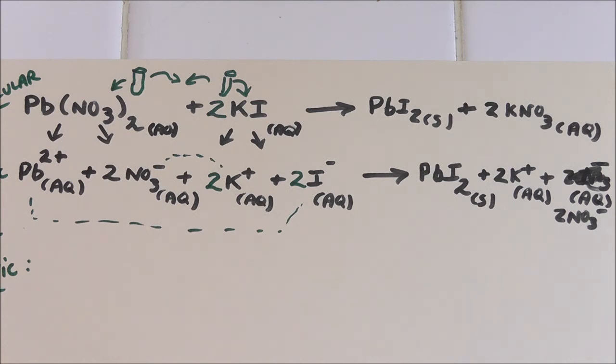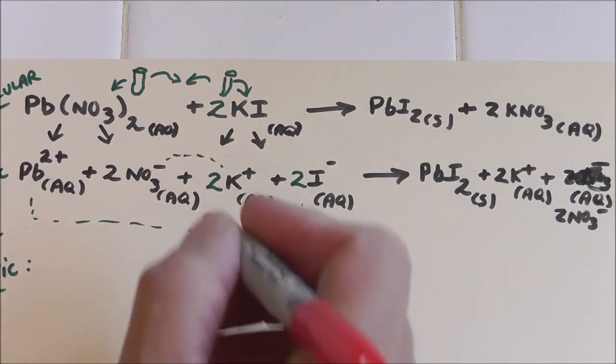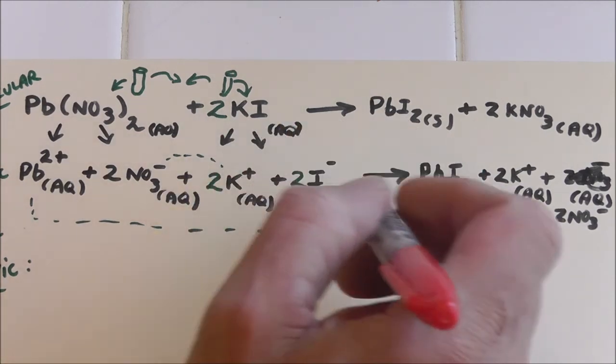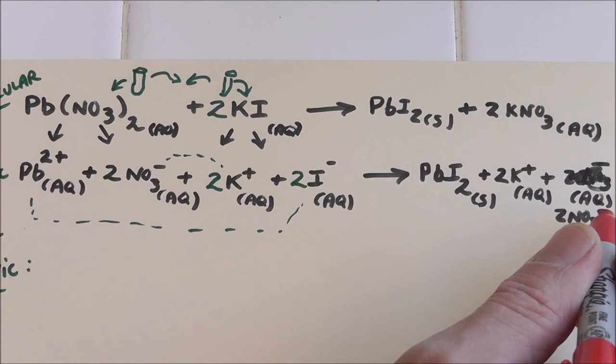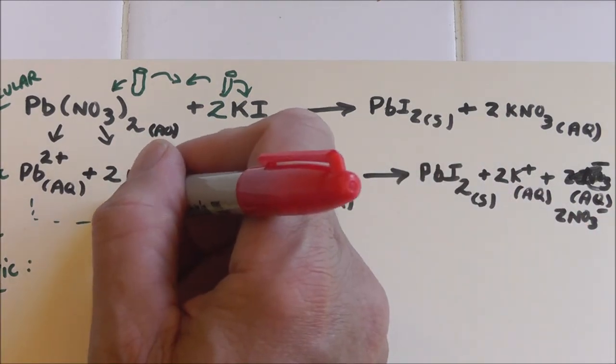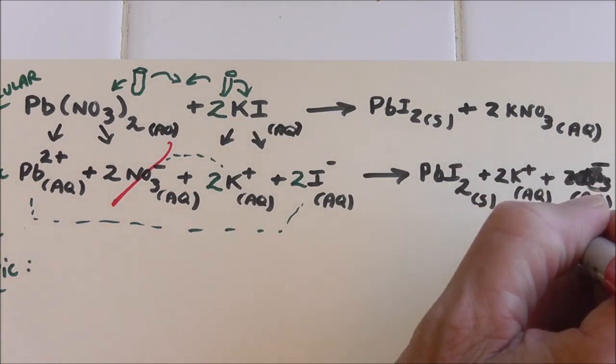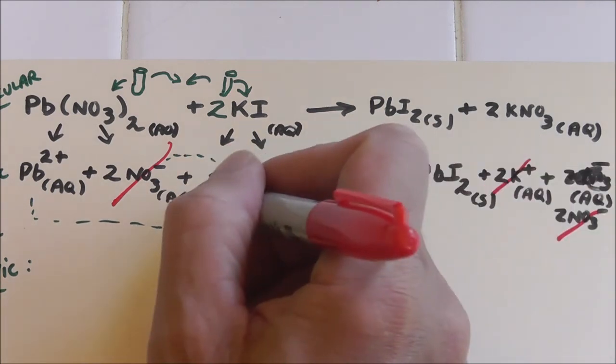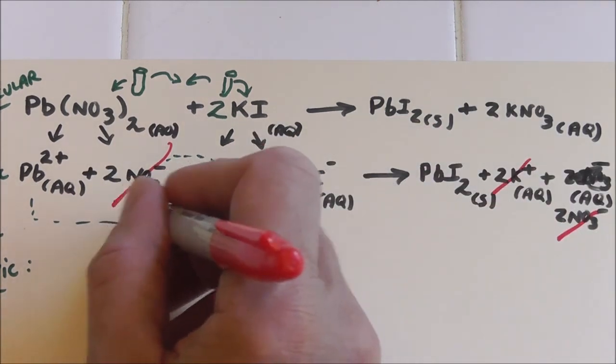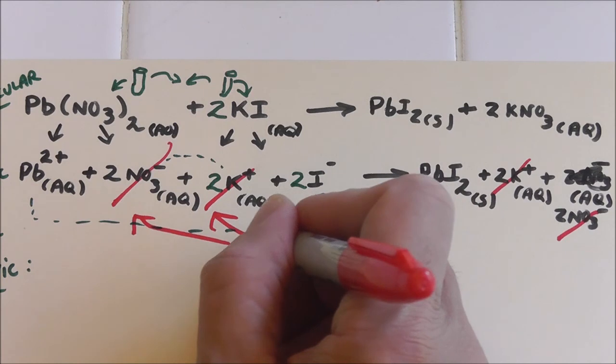Net ionic is where we do this. If something appears on both sides in the same form, sort of like in algebra, we cancel it. These things are what we call spectator ions.